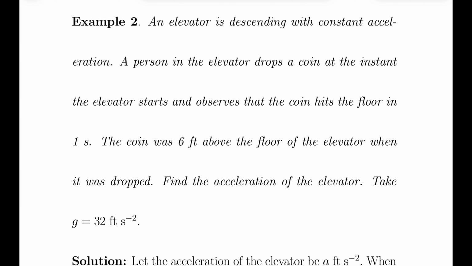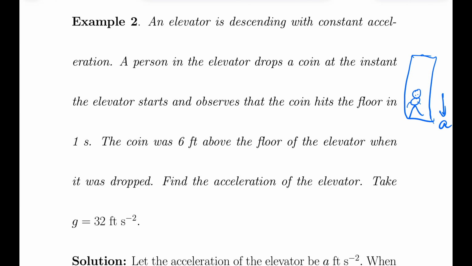So we have an elevator and a man is there. The elevator descends with constant acceleration. The acceleration is not given here. Okay. The person drops a coin. At the instant, the elevator starts. Clear? So suppose this is the elevator and it starts with an acceleration, suppose a. The man is here. He drops a coin.